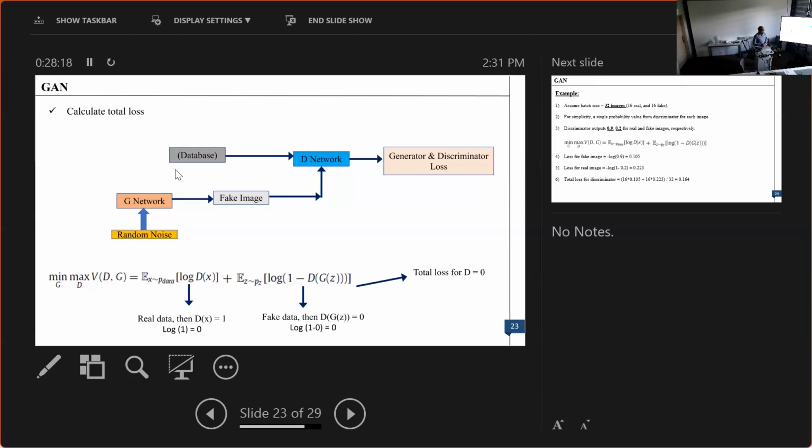So 1 minus 0 gives 1, and the log of 1 is 0. So the loss for the discriminator here is 0, which is the minimum. But the generator doesn't want this case.